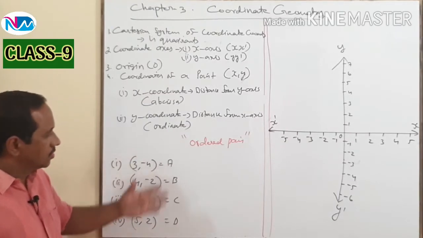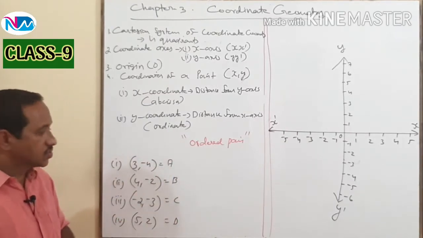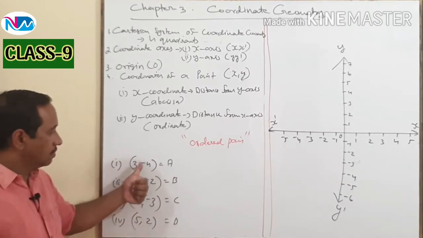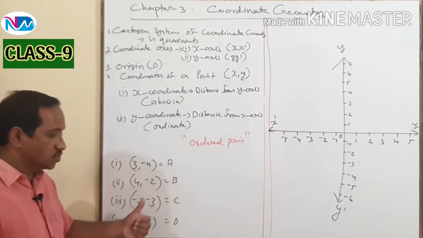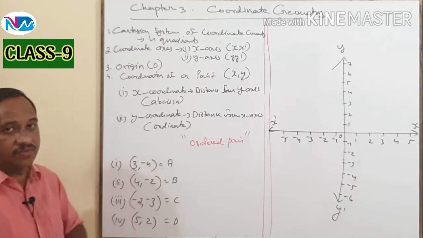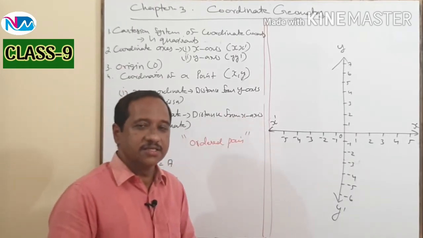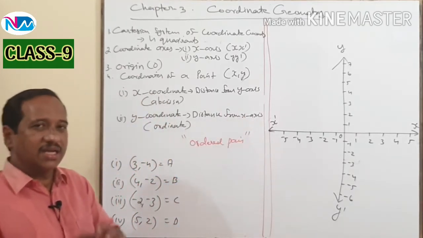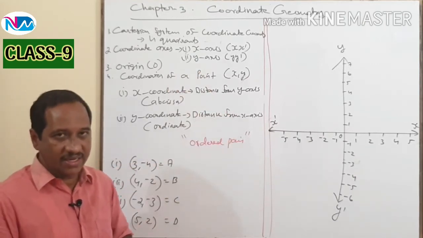Here I have written 4 points A, B, C and D whose coordinates are (3, -4), (4, -2), (-2, -3) and (5, 2). We are going to plot these points in the Cartesian system of coordinate geometry, that means on a graph paper with x-axis and y-axis.